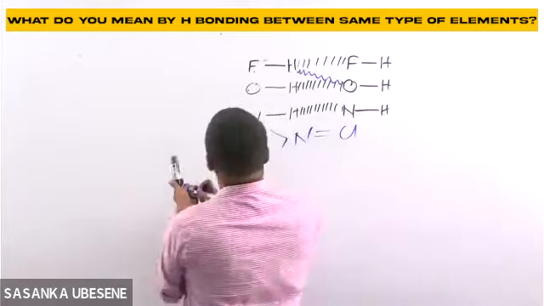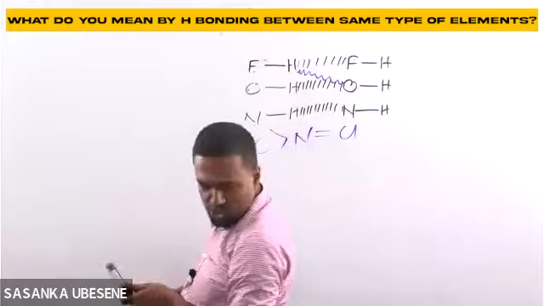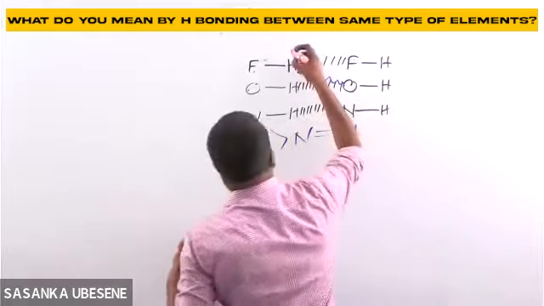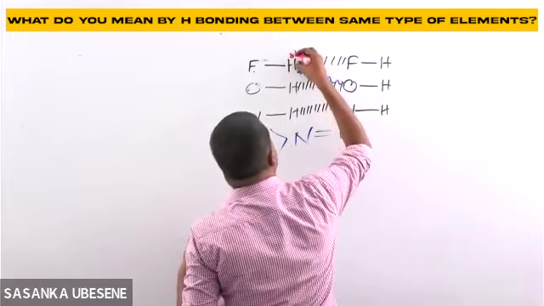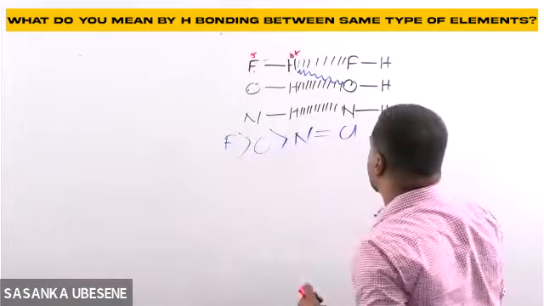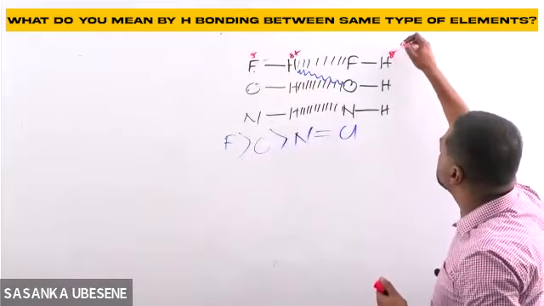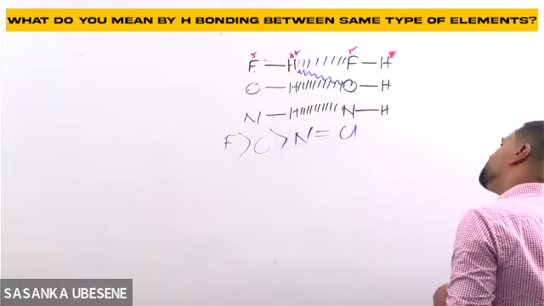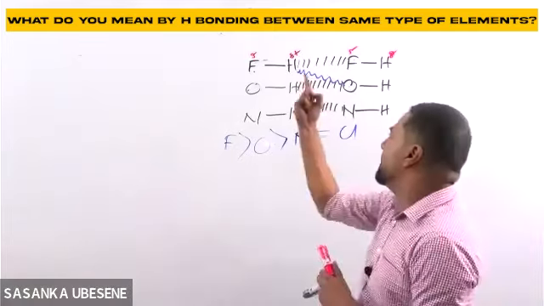Here you have a fractional positive charge, delta positive, and here you have a fractional negative charge. Why?